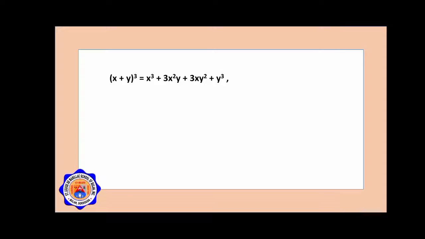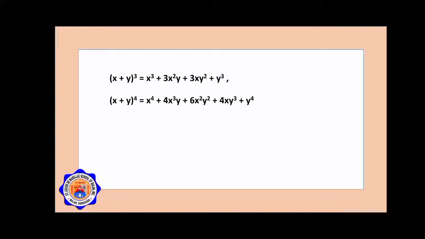Then (x + y)^3 is equal to x^3 + 3x^2 y + 3xy^2 + y^3.